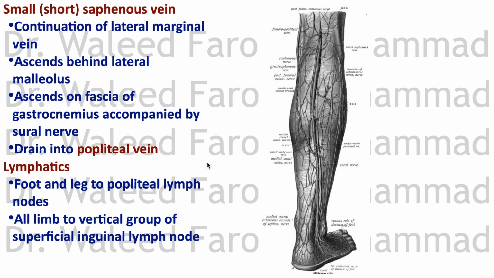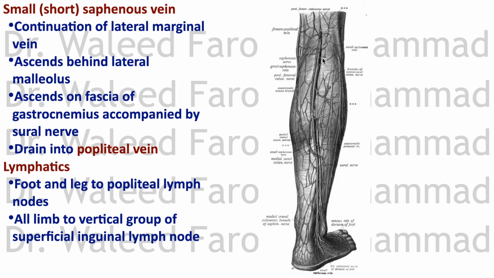The small or short saphenous vein is a continuation of the lateral marginal vein, but the lateral marginal passes behind the lateral malleolus, please pay attention to this. It differs from the medial side. It ascends on the fascia of the gastrocnemius, accompanied by the sural nerve, and drains into the popliteal vein.